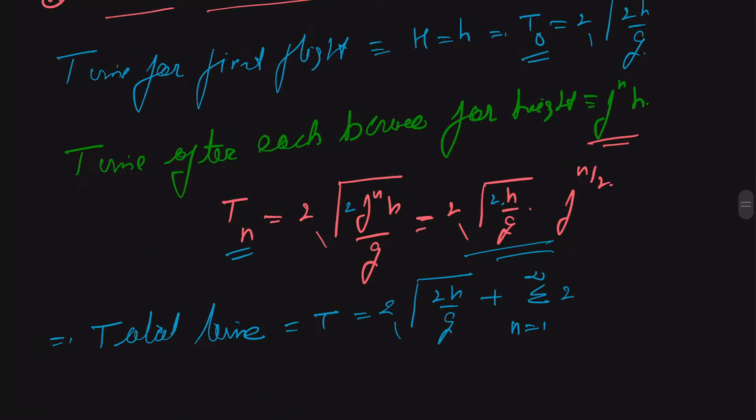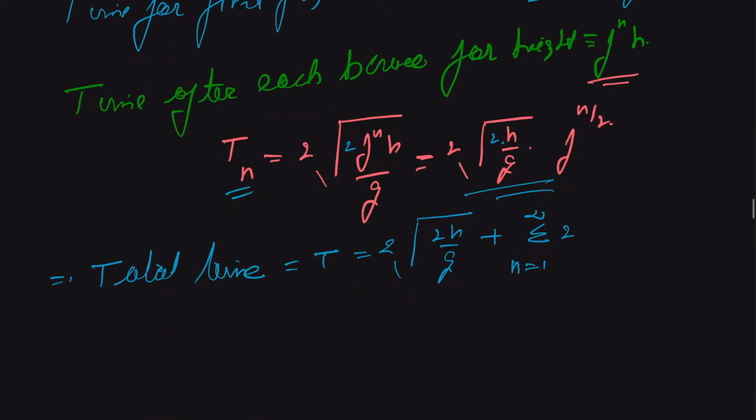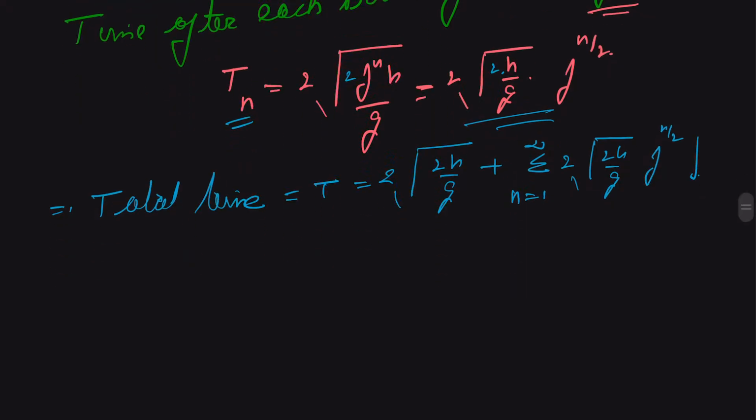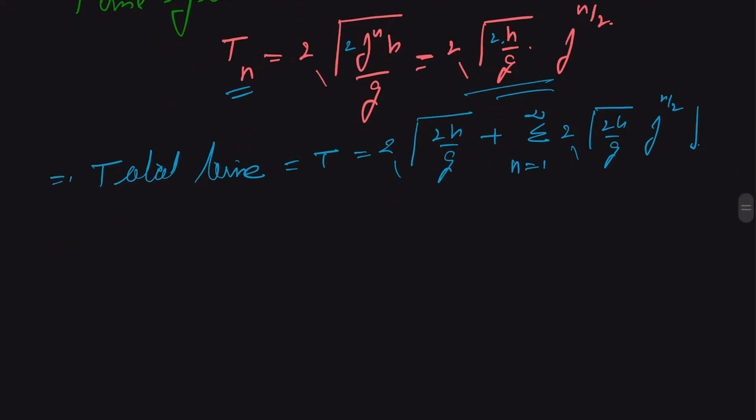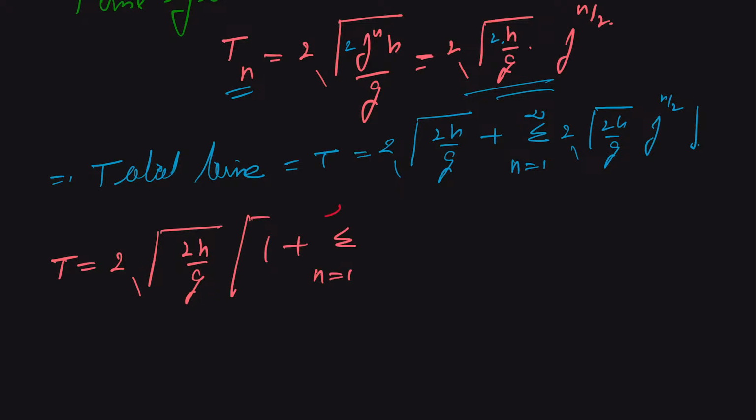This comes as 2 square root of 2h upon g times f^n raised to power 1 by 2. Now it is quite easy to solve. We can take T equal to 2 square root of 2h upon g as common, so this becomes 1 plus summation n from 1 to infinity of f raised to power n by 2.